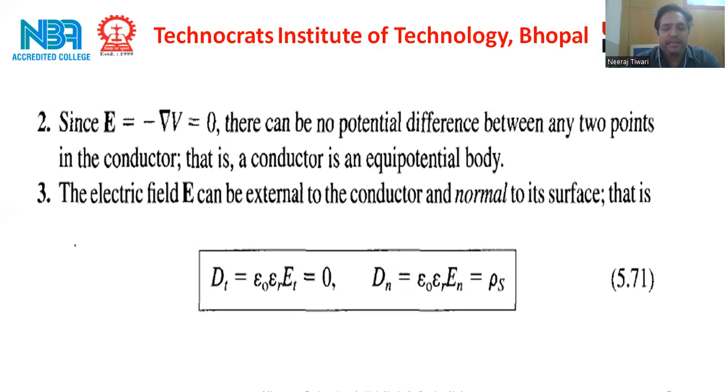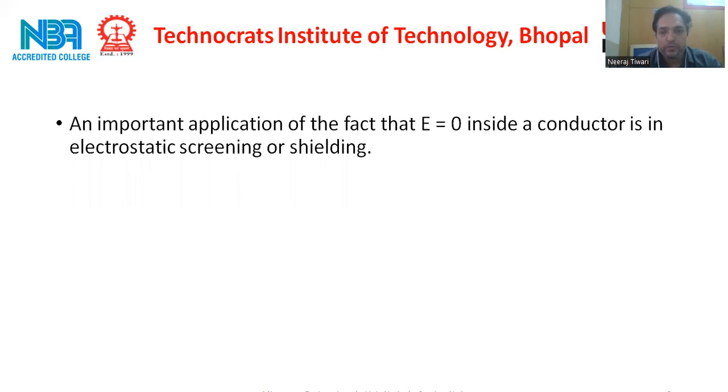So clearly we can see the tangential component of electric flux density is 0, and the normal component of electric flux density is rho s. Rho s is the surface charge density. An important conclusion we have derived from this is that E is equal to 0, that means electric field intensity is 0 inside a conductor.